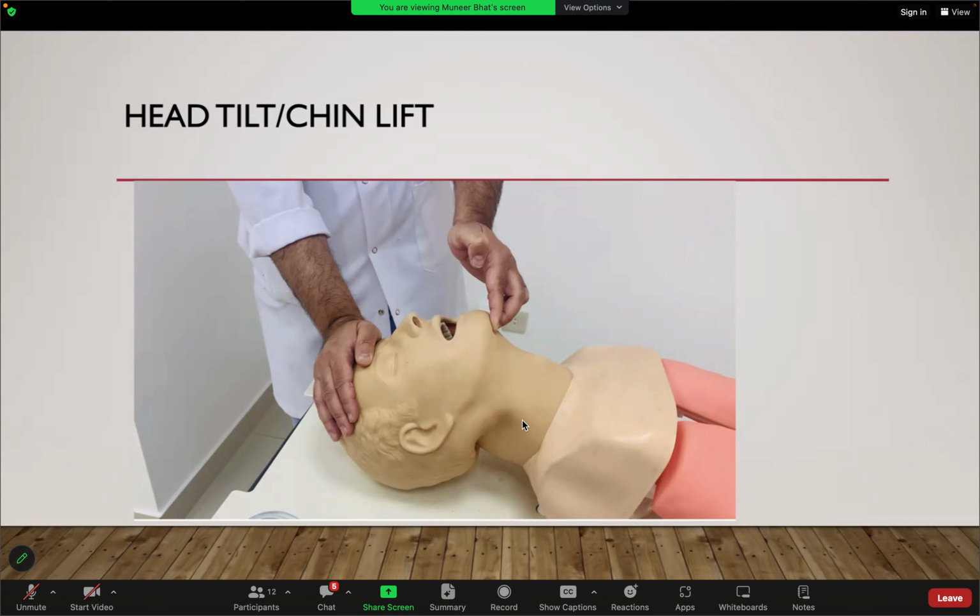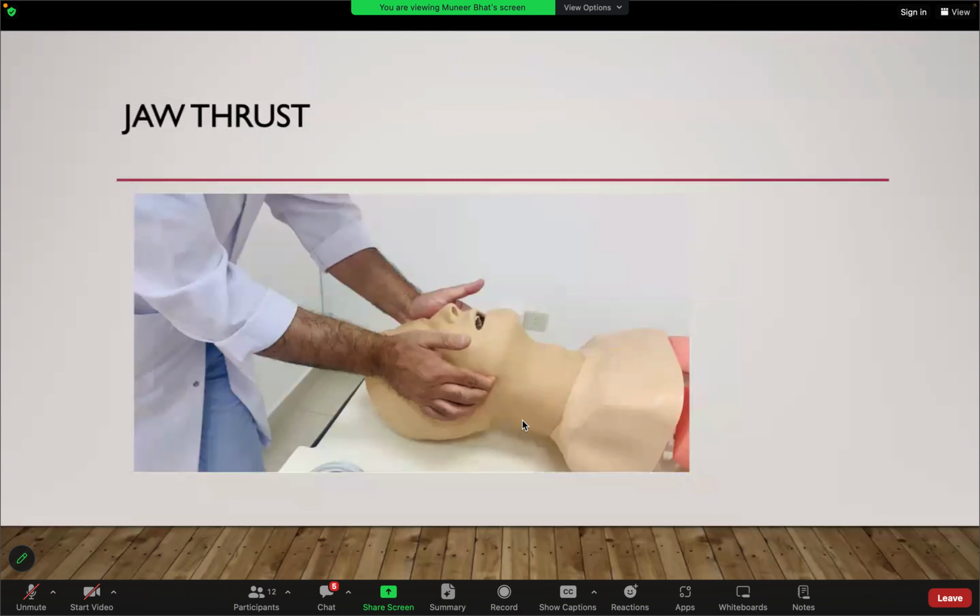So head tilt chin lift, it is the basic airway maneuver that you can do to open the airway. So the question, you can get a picture of this. Okay, you can be asked what is this maneuver, why we have to do the head tilt, why we have to do the chin lift, what are the reasons for doing the chin lift. You can get questions like this. So try to keep this picture in your mind.